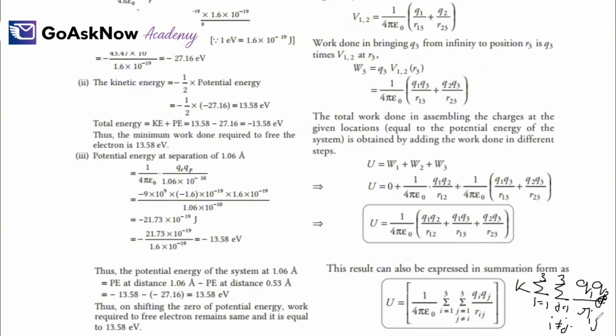If you expand it, you will get K into Q1 Q2 by R12 plus Q1 Q3 by R13 plus Q2 Q3 by R23. Because i is not equal to j here, each time you will get Qi Qj as different terms like Q1 Q2, Q2 Q3, and so on. So that was the summation formula for this.